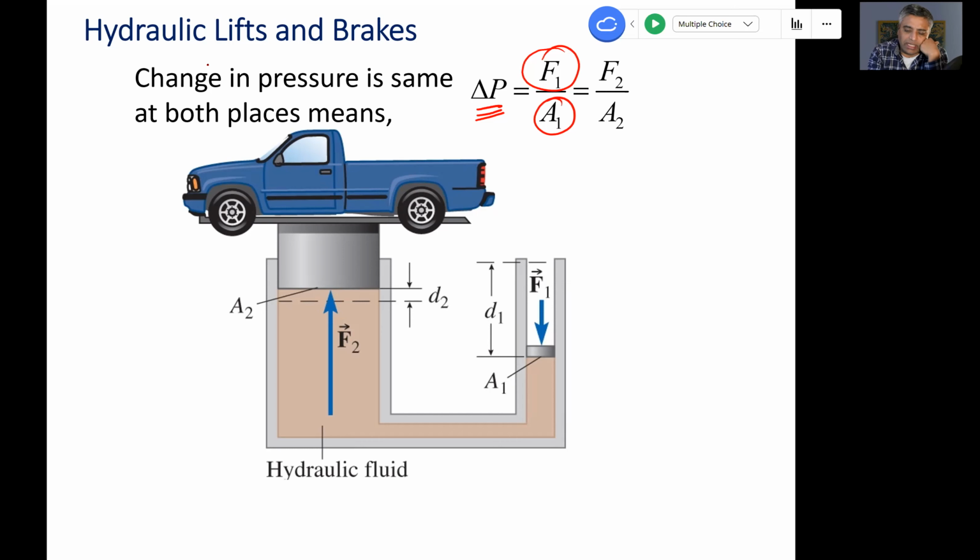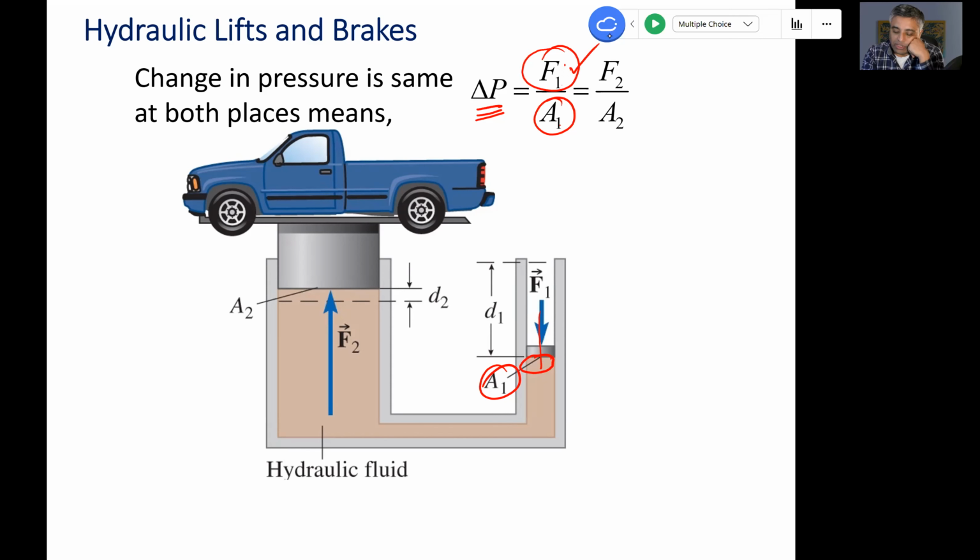So now let's look at this hydraulic lift. We are applying force F1, and the area of the piston over there is A1. So the pressure over there is F1 over A1. So that's how much pressure we are changing by applying that pressure there, right?